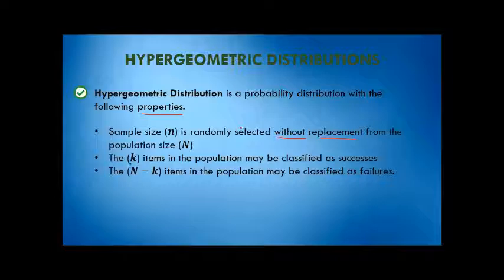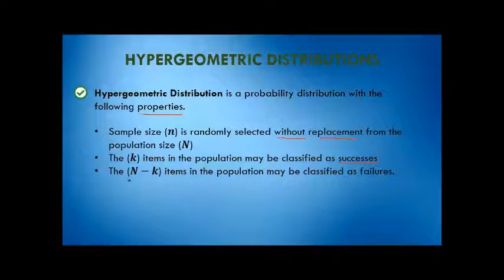Okay? Then another property is that the K items in the population may be classified as successes. So, pwede siyang maraming number of successes para katulad din ng binomial.